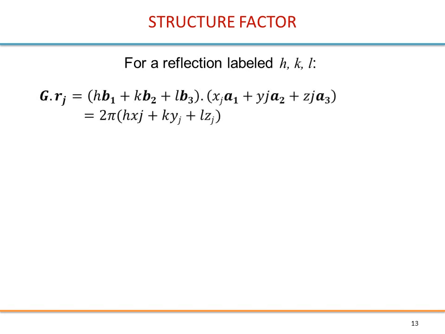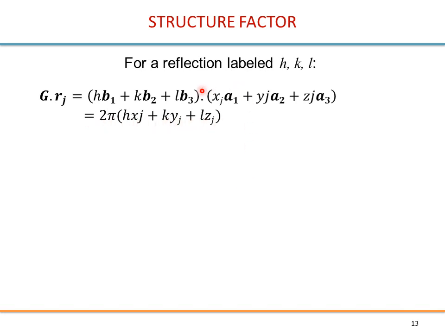Therefore, we can calculate the scalar product of G with the position of the atom j. So it's this for G, and this for the position of the atom, and we get that.